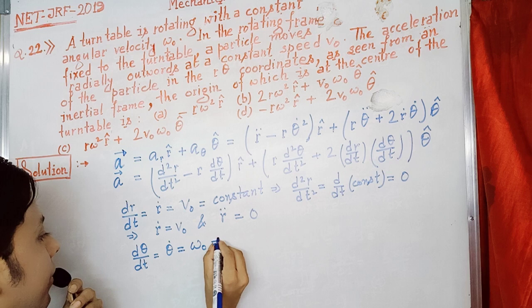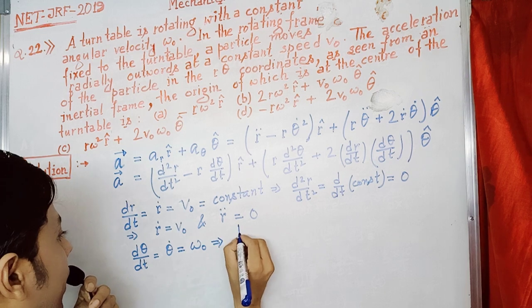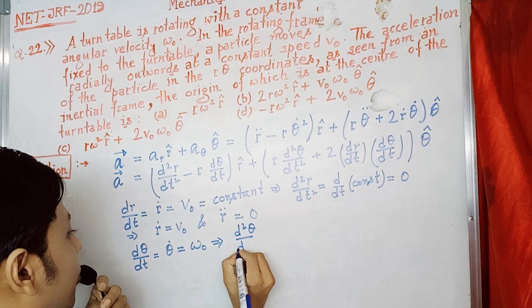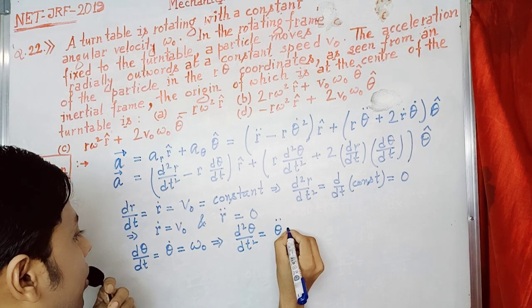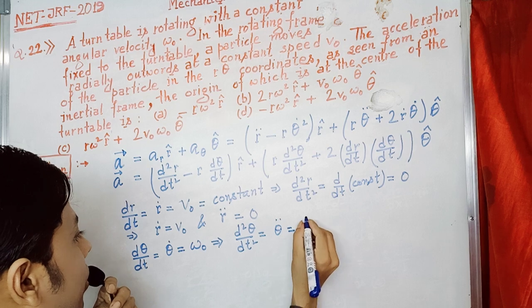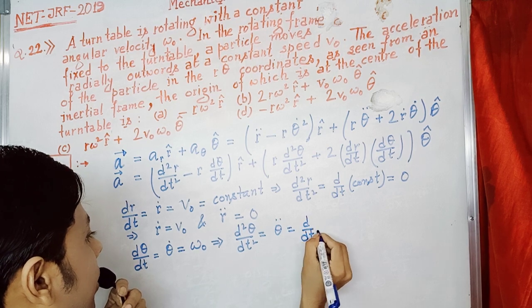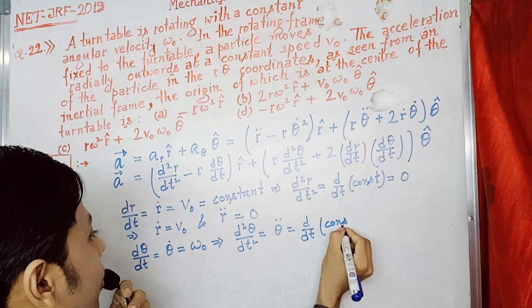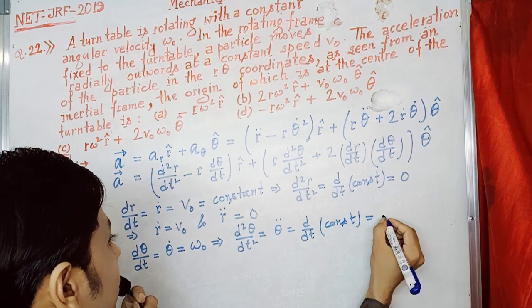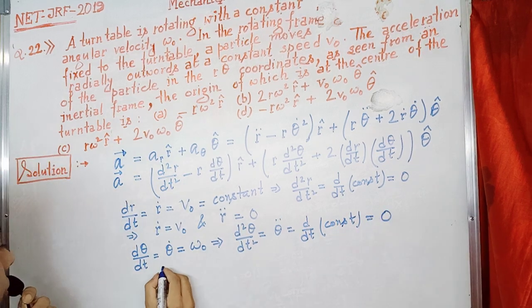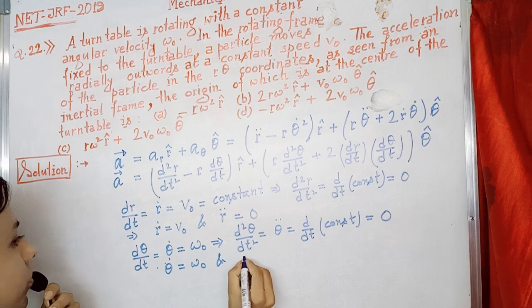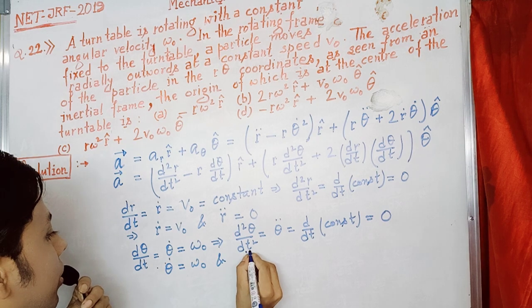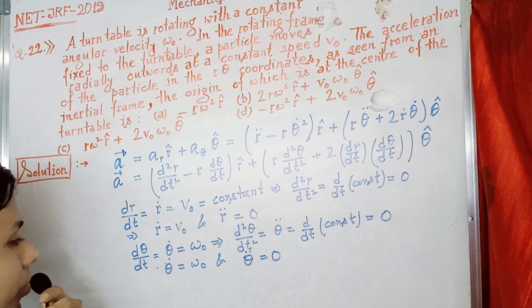If we differentiate this again, then we'll get d2 theta with respect to dt square, which is theta double dot, which is equal to d dt of a constant, because omega naught is a constant, which will be equal to 0. Therefore we can write theta dot is equal to omega naught and theta double dot is equal to 0.